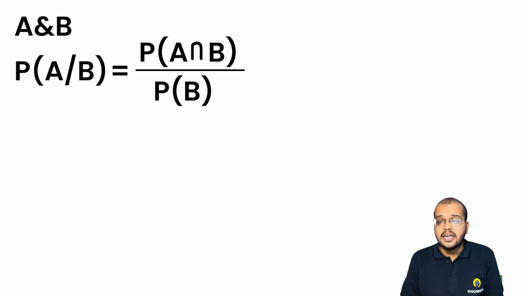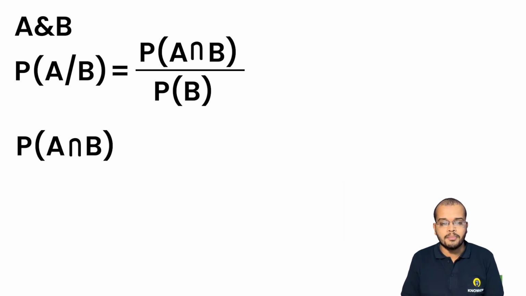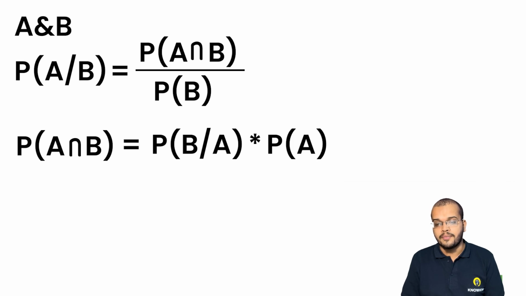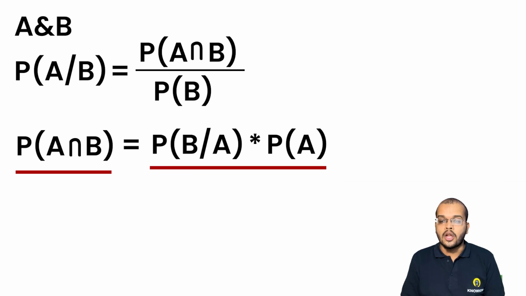Now, the same conditional probability formula, if I would like to express it in the form of the multiplication rule. In the multiplication rule, the probability of A intersection B equals the probability of B given A times the probability of A. So when the probability of A intersection B is this, obviously this can be replaced in this position.